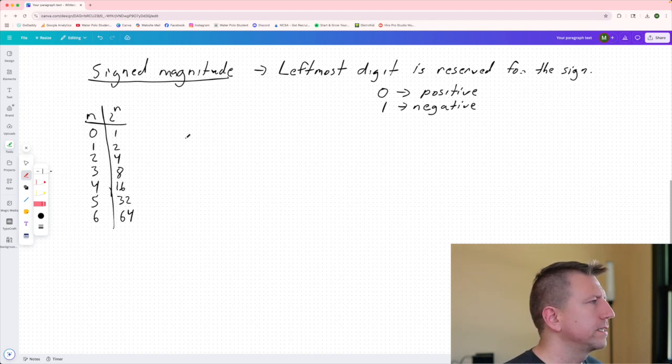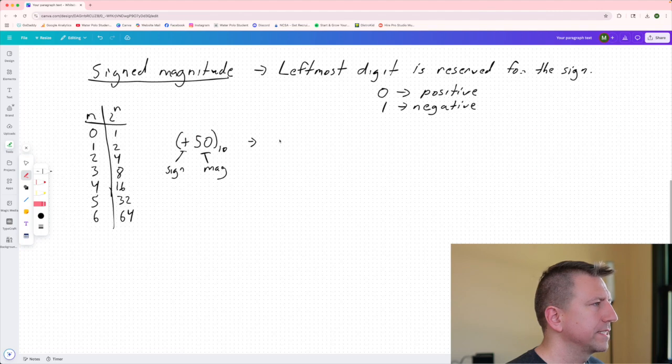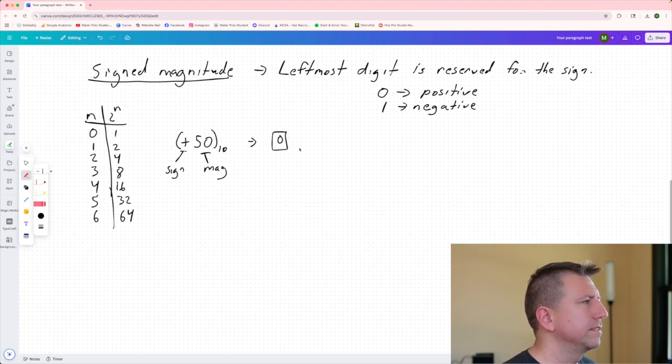So what does this look like for our examples? We have positive 50, right? So in this case, we have our sign and our magnitude. And these are explicitly represented in our signed magnitude configuration here. And so when I write this, I'm going to have a sign bit to start, and since this is positive, that sign bit will be 0. And then we're going to have the remaining bits that give us the magnitude, and that was again 32, 16, and 2, giving us a total of 50.